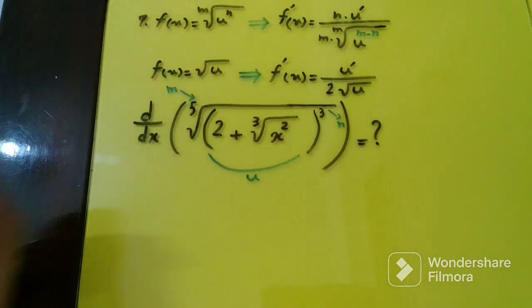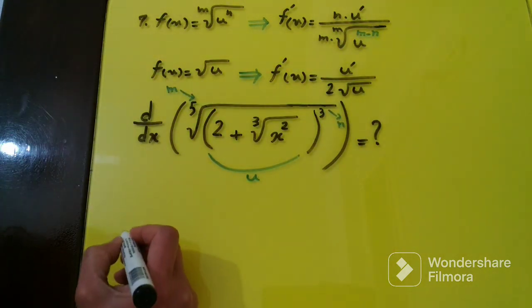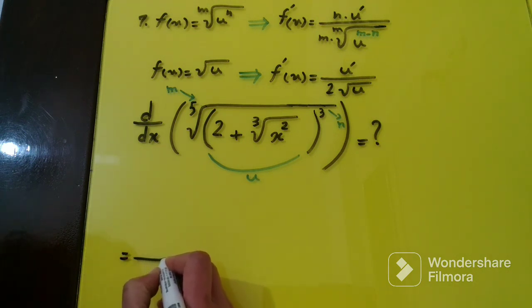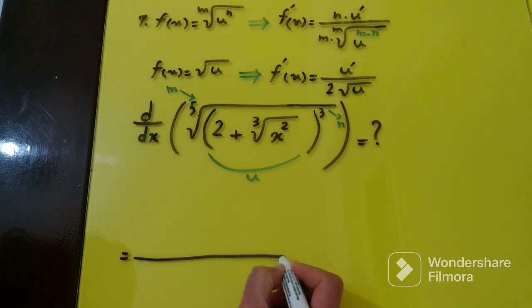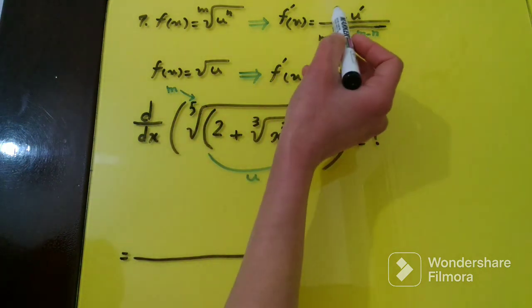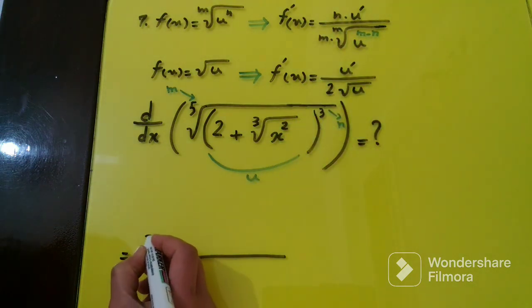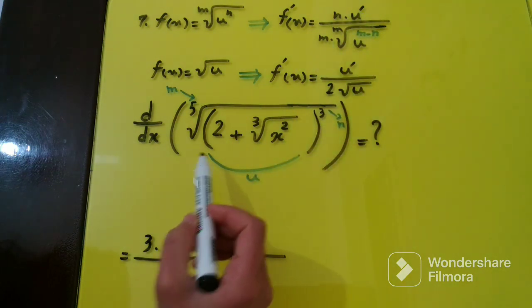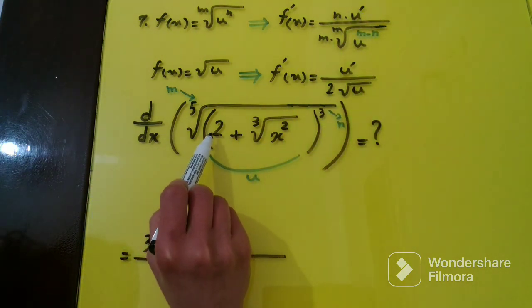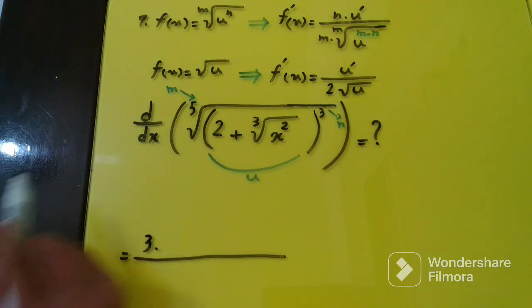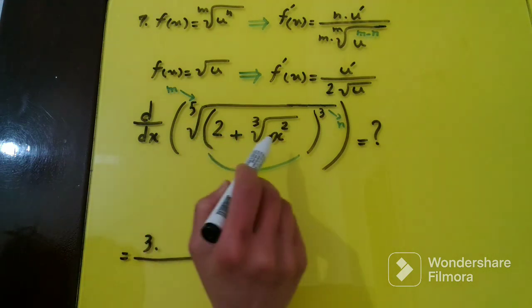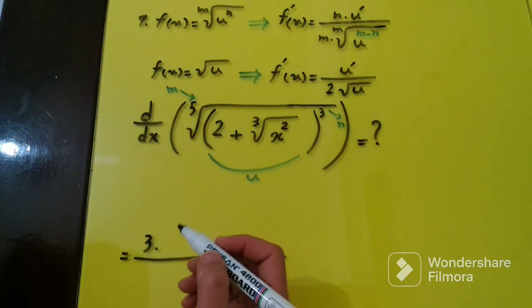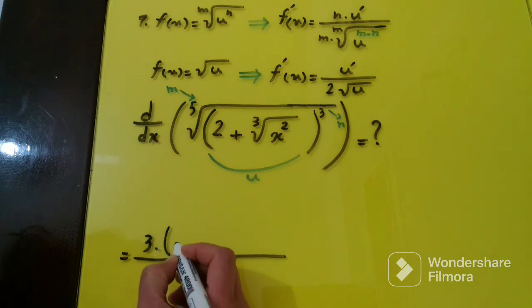So according to this rule, it's n, 3, times u prime. For getting the u prime, as you see, two terms are added, so you should get the derivative one by one. For this term, as 2 is a constant value, the derivative of it is 0.